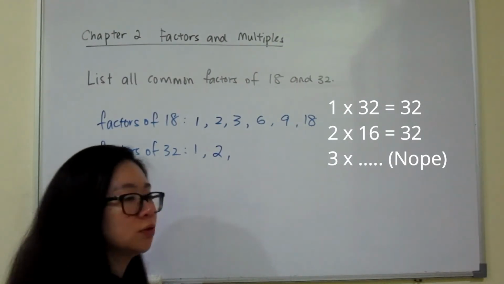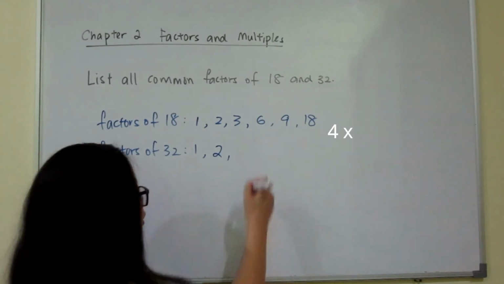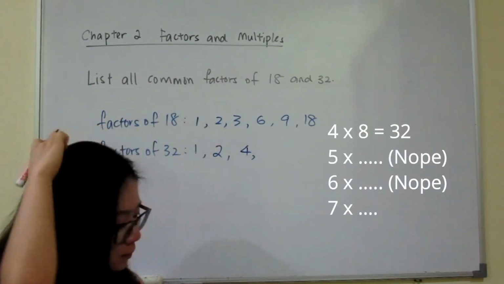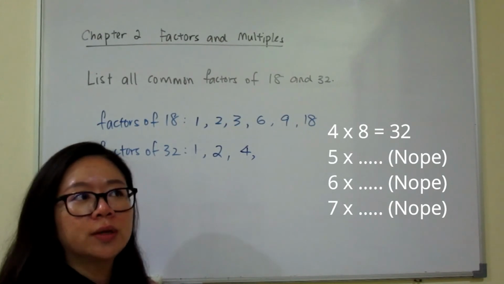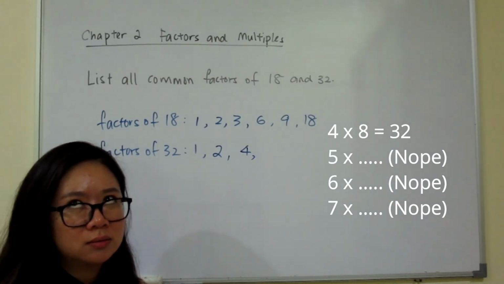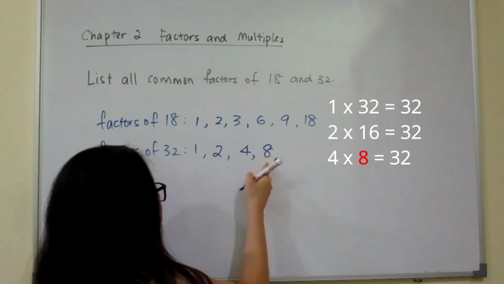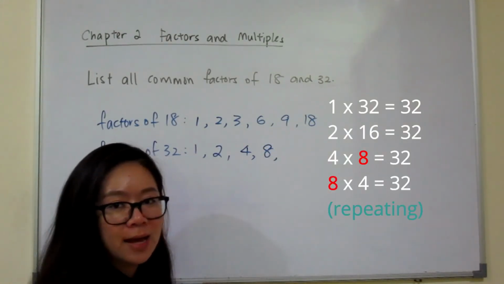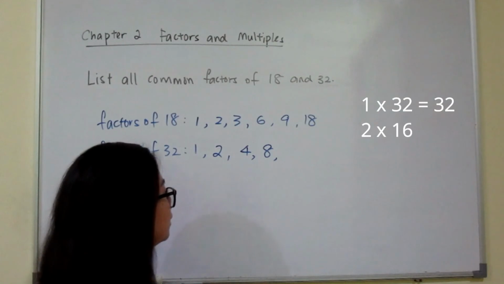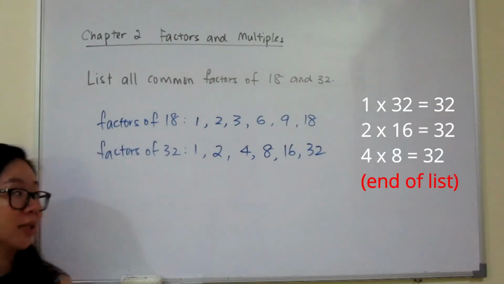Then 3, can I divide by 3? No. 4, yes, 4 times 8 is 32. Then 5, no, 6, no, 7, no, next one is 8. That one is with the 4, so we actually end the list already. And then 16 and 32. That's it. Those are the factors of 32.